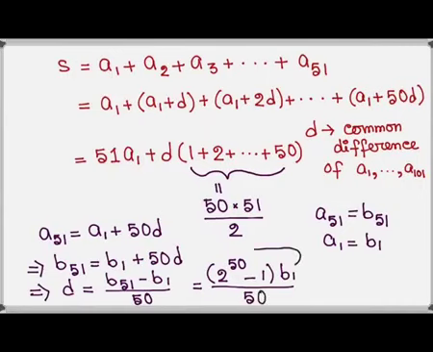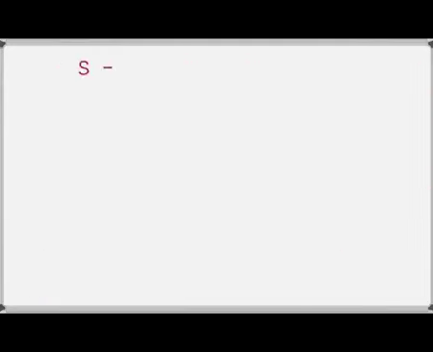Now if we substitute this value of D here, and as A1 is equal to B1, we get S is equal to 51 B1 plus 2 to the power 50 minus 1 into 51 by 2 B1.